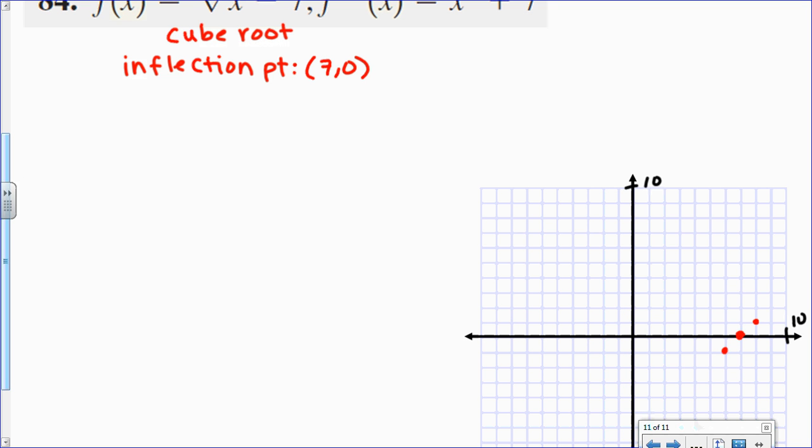So up and right, down and left. Then let's skip, because we're doing cube roots, so perfect cubes. So let's skip to 8. If you go right 8, you would go up 2. If you go left 8, you go down 2. So from your inflection point, I'm going to go left 8, 1, 2, 3, 6, 7, 8, down 2. The next cube root is 27, so that's not going to fit on my graph.